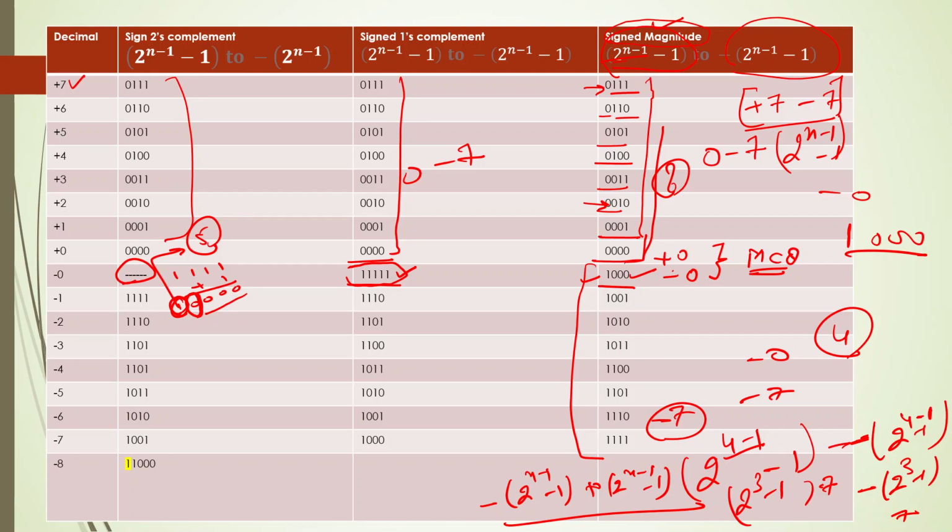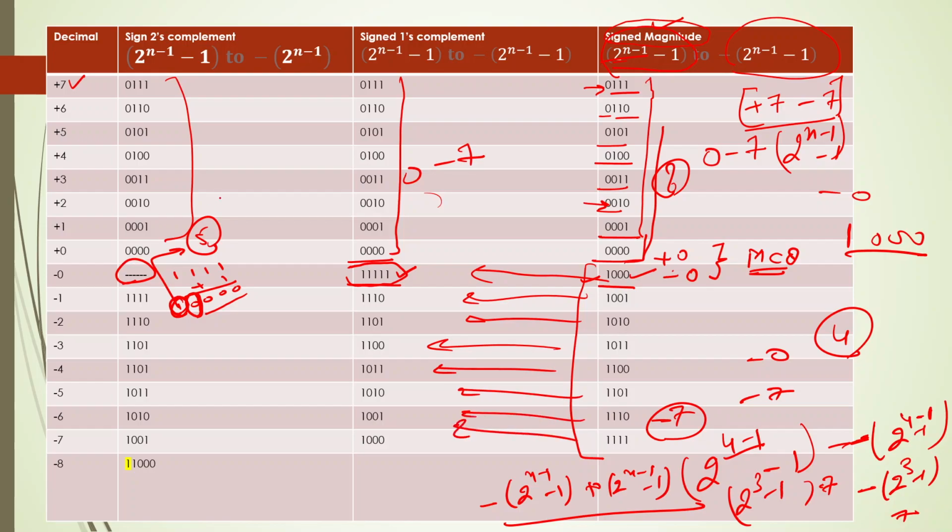So what we do here is simply take the invert of that. The representation is the invert of that, but here also we go from minus 0 to minus 7. Here also we have two zeros. This is 0, this is 0.